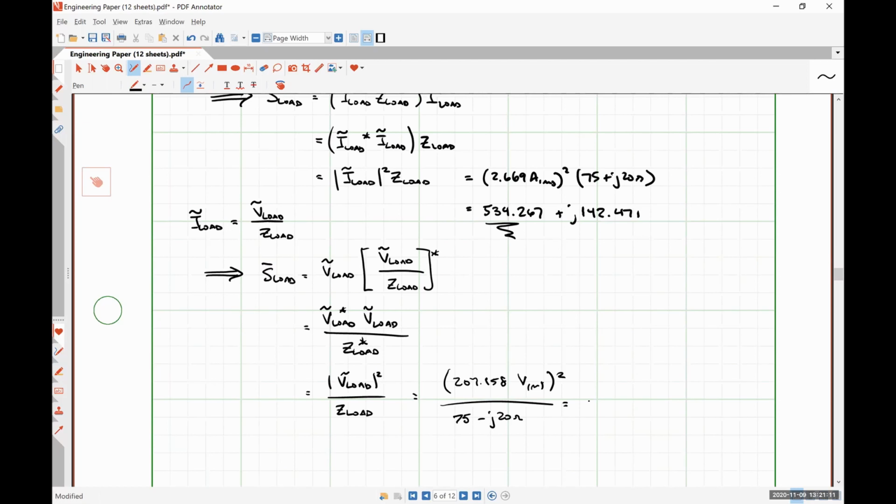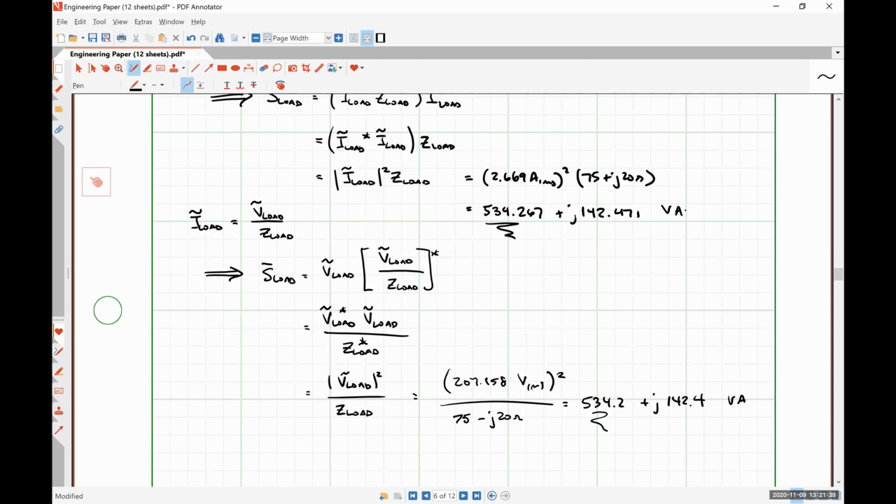I still get 534.2 plus j142.4. This would be volt amperes, just to be clear. So any of these different formulations work. It's just whatever information is easiest for you to find, use that form, right?